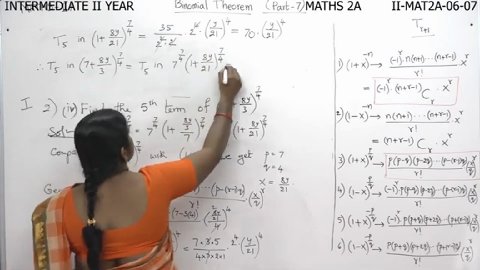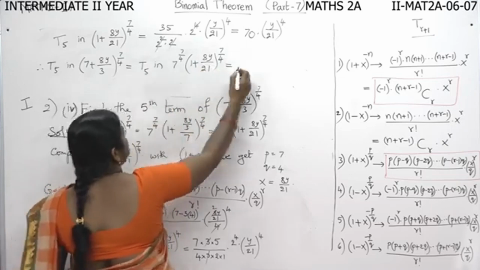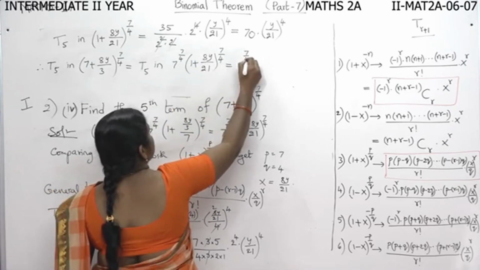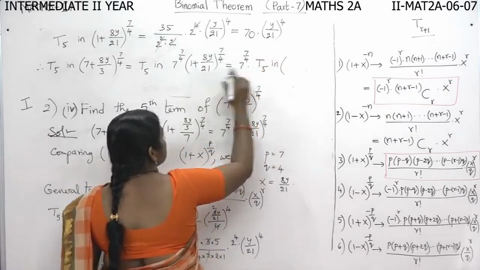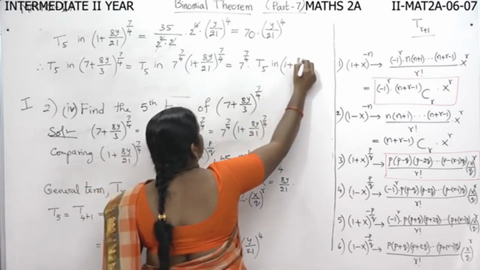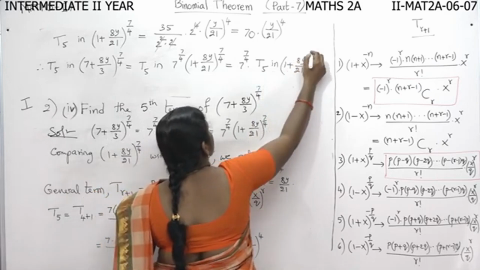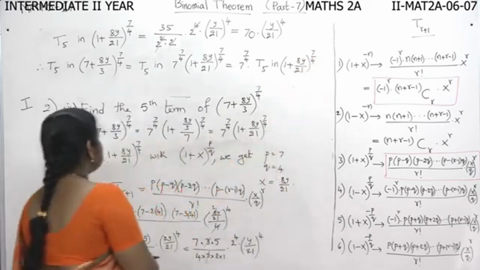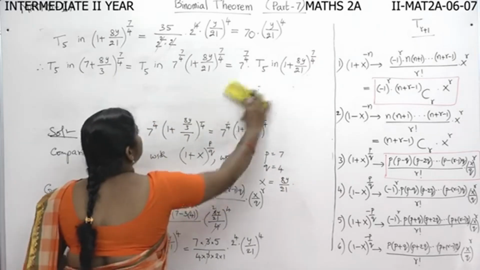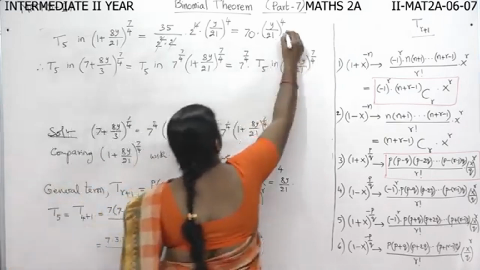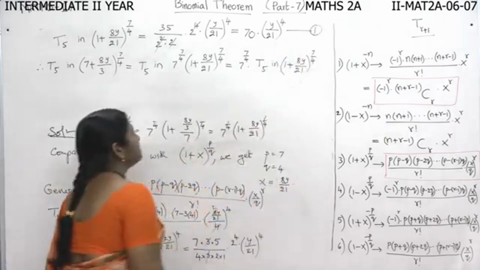So this is nothing but, I am writing this before: 7^(7/4) into the T5 term in the expansion of (1 + 8y/21)^(7/4). Just now we have found this T5 value, which is nothing but, I am taking this as equation 1.